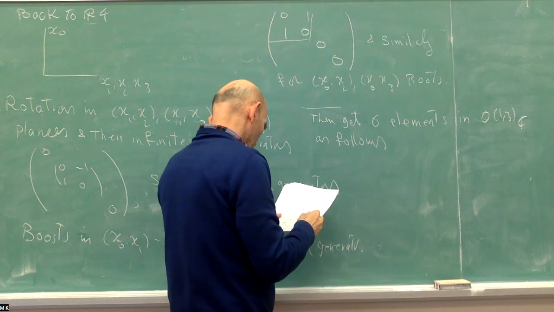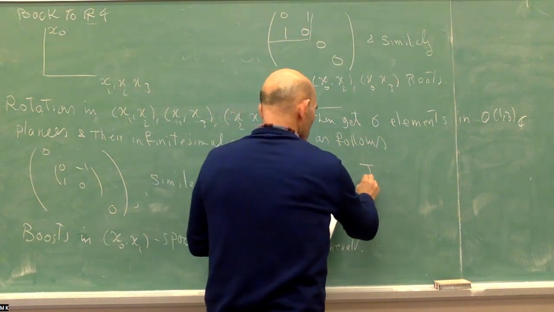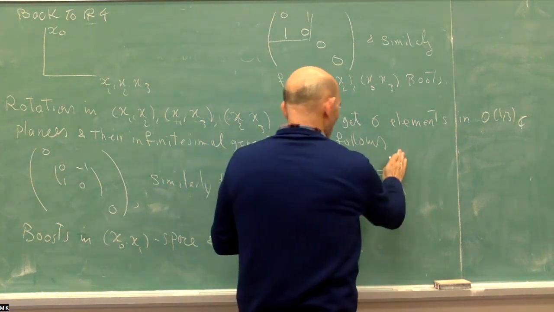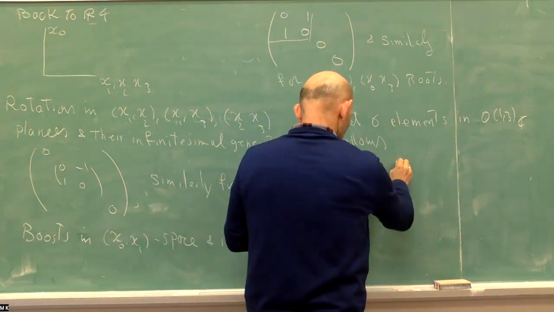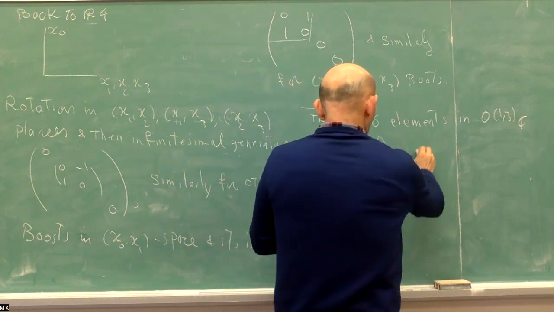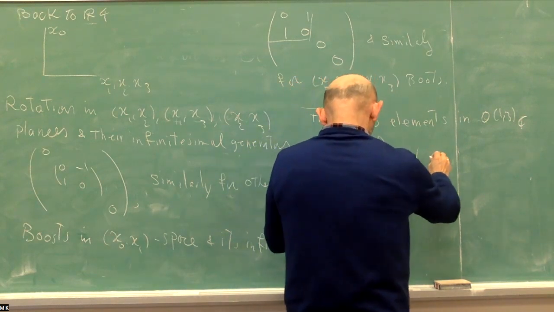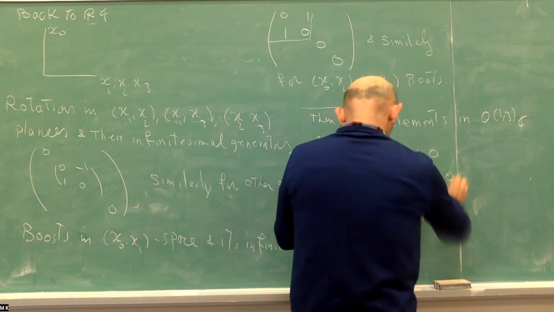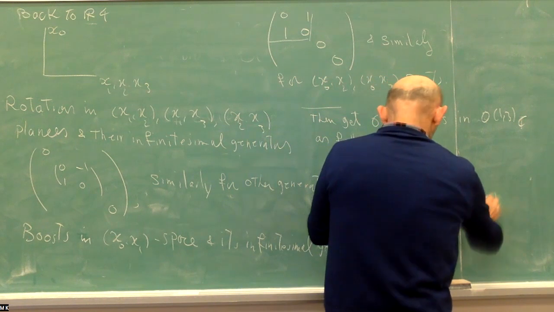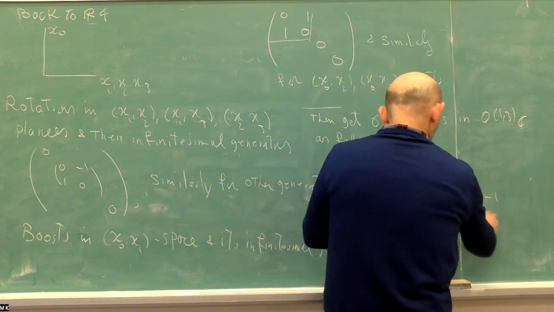So we call, for example, J1 the following matrix. It's just i times, so here is 0, 0, and then we have 0, -1, and 1, 0.